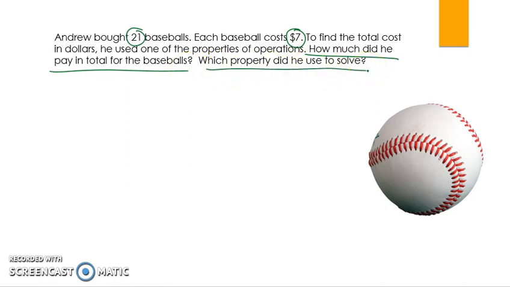Well, we need to take a look at our clue words before we can determine which property was used. We have the word each, we have total cost, and we have how much in total did he pay. Since we have the word each, we have total, we know we're using multiplication.